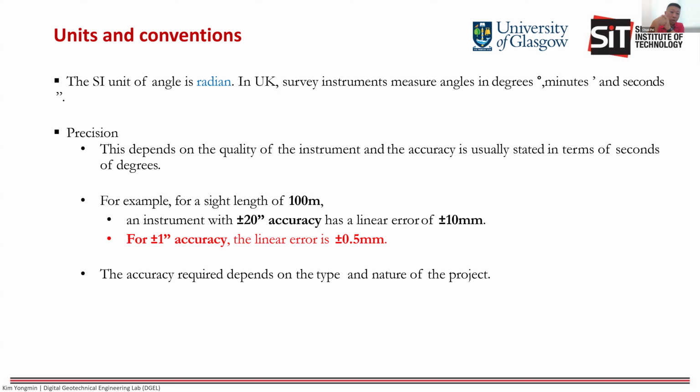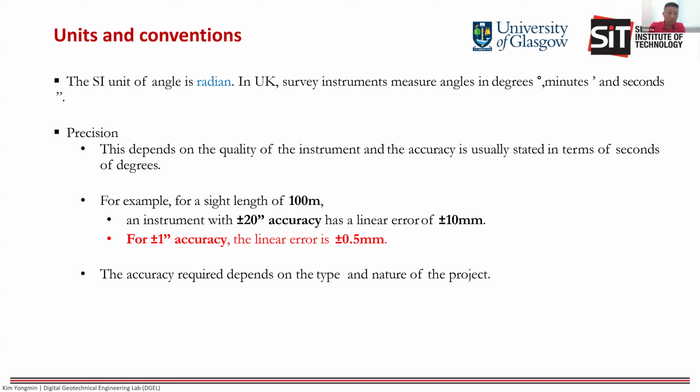For example, for a set length of 100 meters, the instrument usually has plus or minus 20-second accuracy and a linear error of about 10 mm. But for plus or minus 1 second accuracy, the linear error is usually about 0.5 mm.